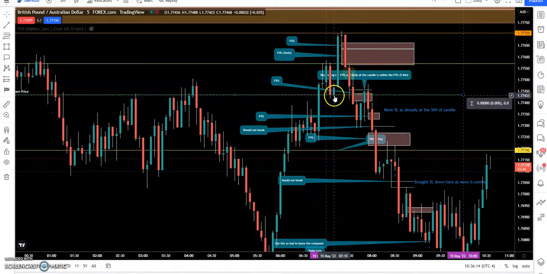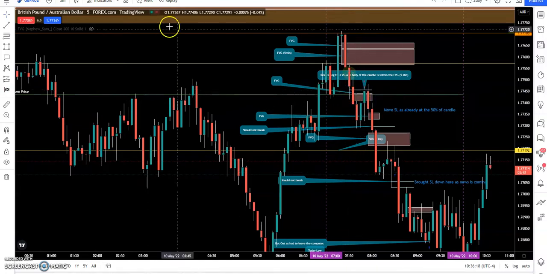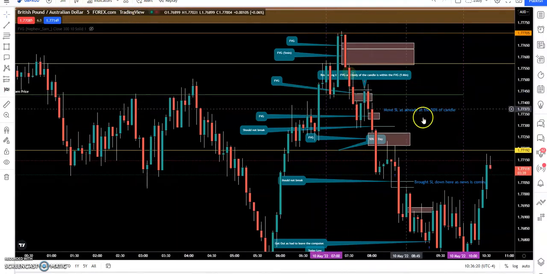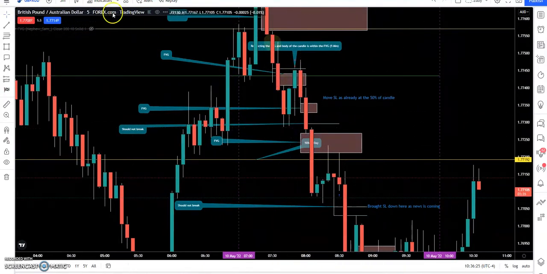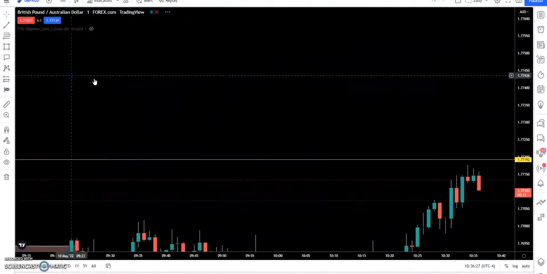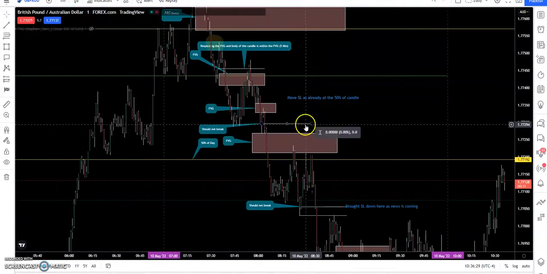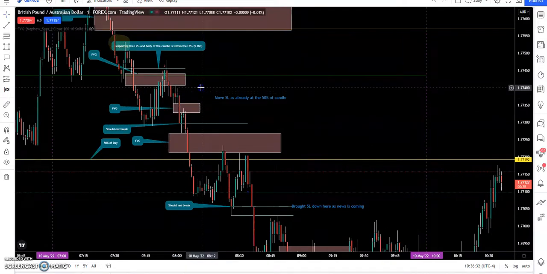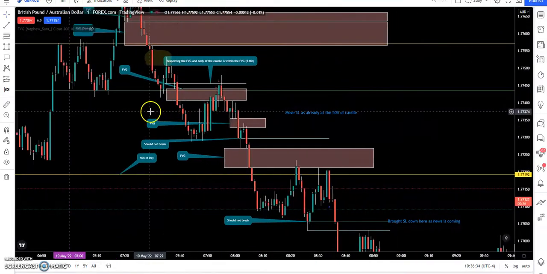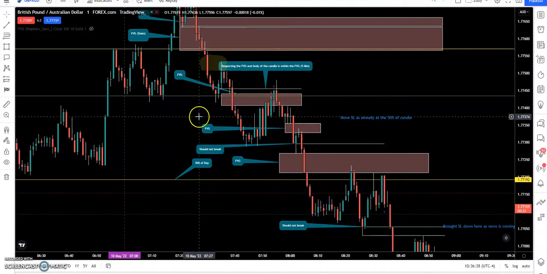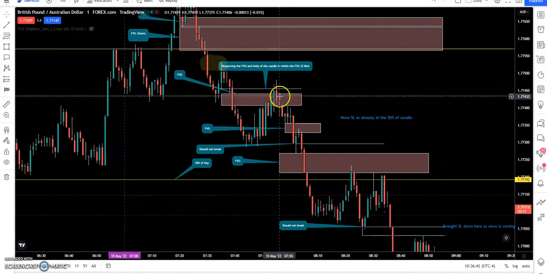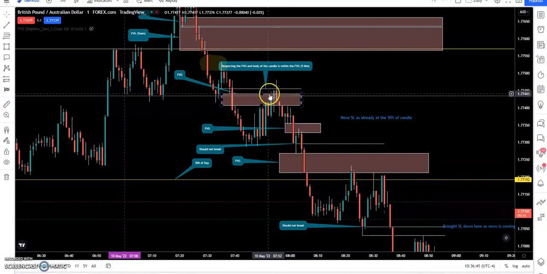The body of that candle ever so slightly did go up, but if I drop down into the 1 minute, you can see the actual bodies stayed within the fair value gap, as you can see right here. So there was a little bit that did go up on these two candles, but like ICT has mentioned, that is allowed, it can happen.